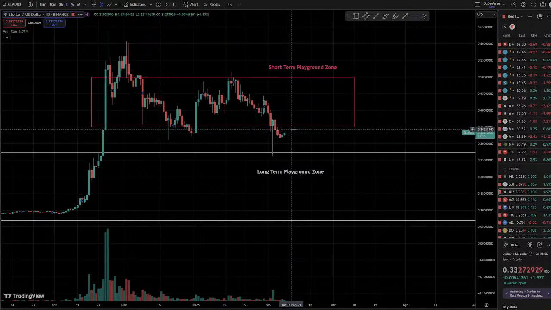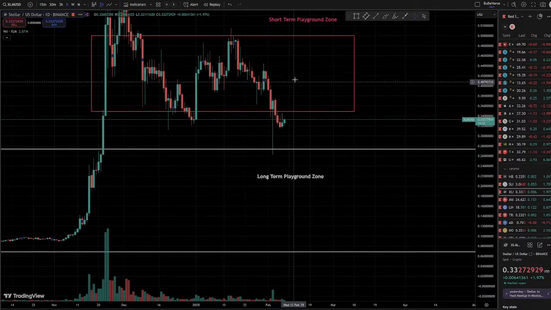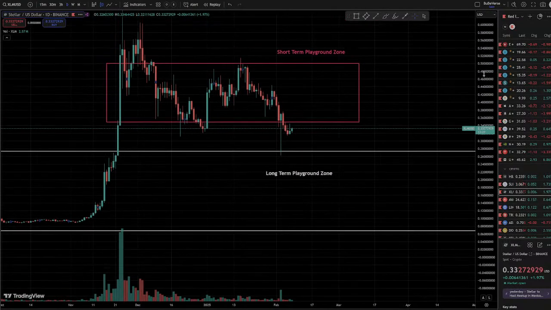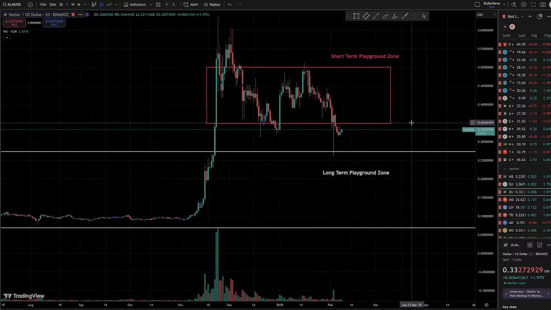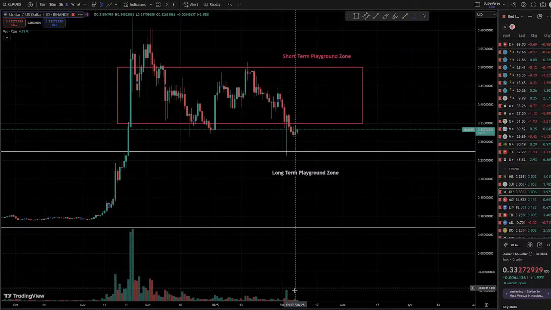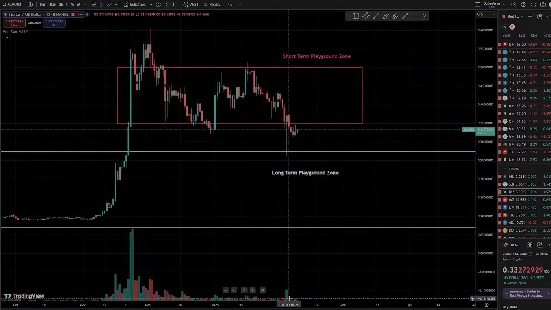This one, there's a bigger gap, but basically people have been trying to push it back to within the playground zone, but it hasn't been able to maintain or regain that price level. So what we are seeing now, especially when looking at the volume as well, could be something that's not going to sustain.